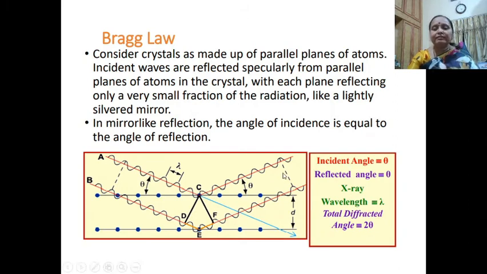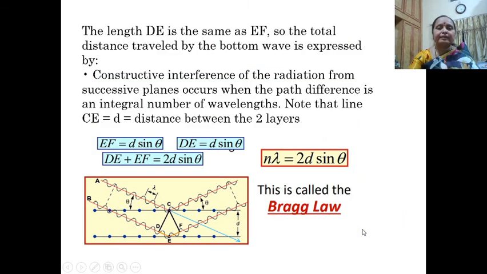So if the incidence angle is theta, then the reflected angle is also theta. The X-ray wavelength is lambda. Then the total diffracted angle is going to be 2 theta.